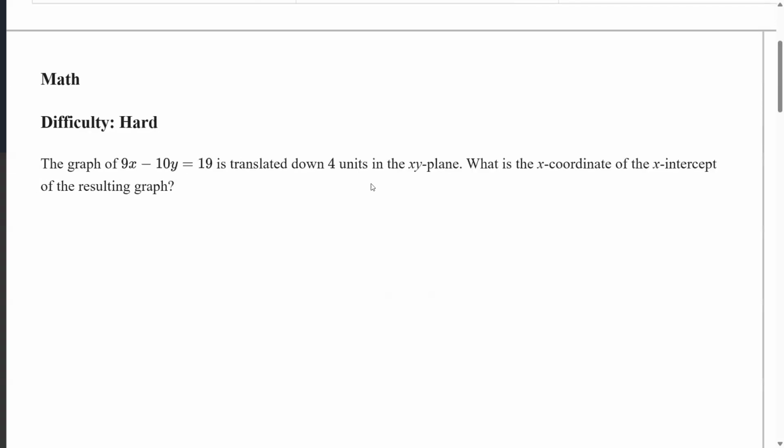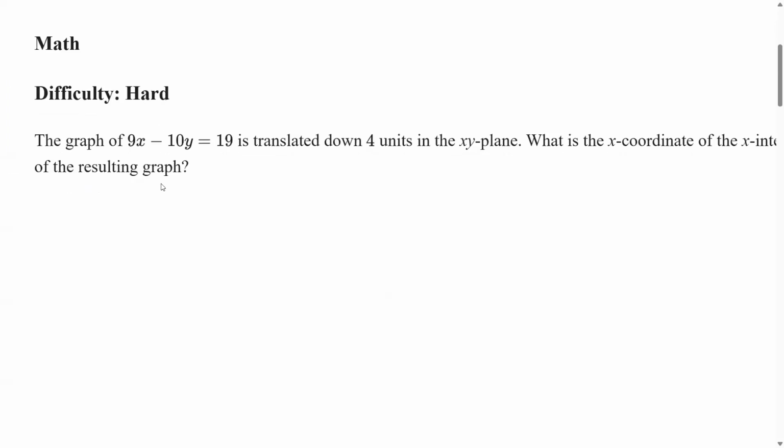This graph is translated down 4 units in the xy plane. What are the coordinates of the x-intercept of the resulting graph? So if a graph is translated down, it will be written like this: y plus 4.